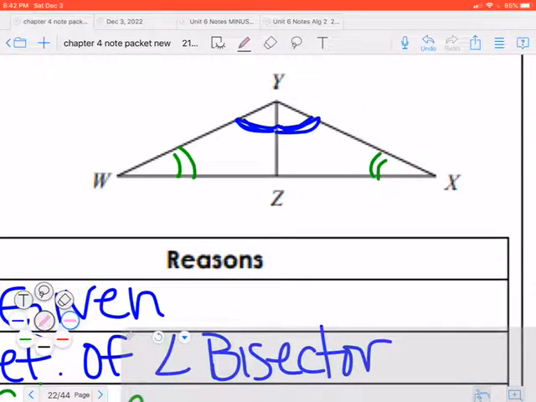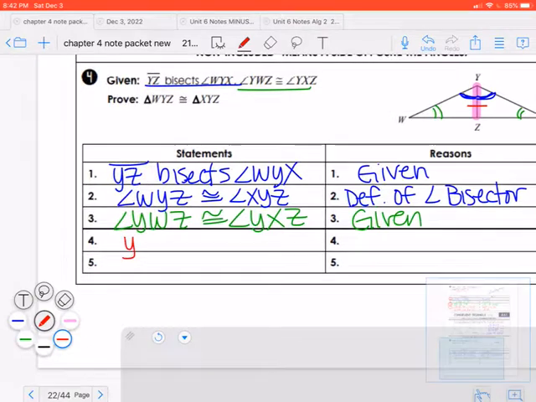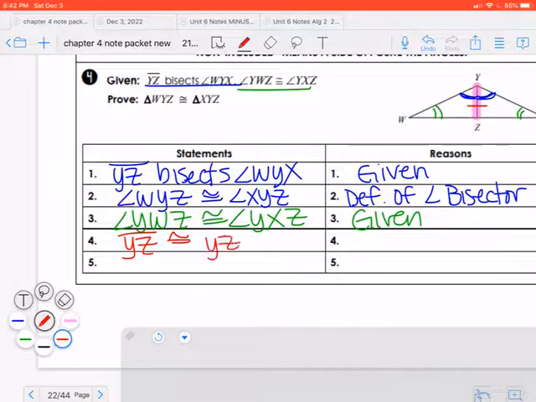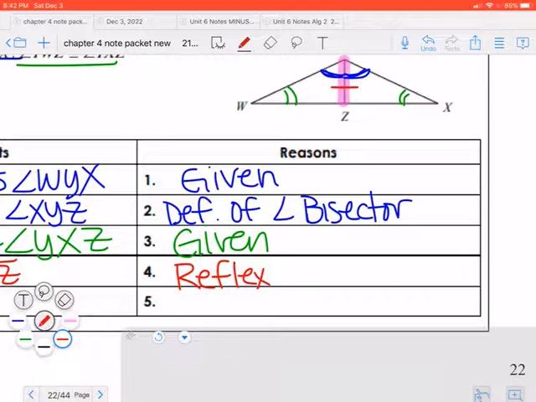We've got that shared side again. So we're going to say that YZ is congruent to itself. YZ is congruent to YZ. And do you remember the reason? Reflexive. The reflexive property.